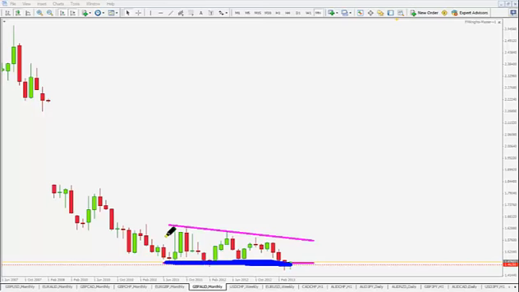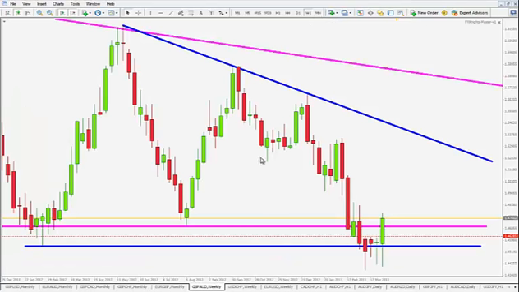Okay, so let's look into the weekly time frame of this sterling pound against the Australian dollar. We got a series of congestion around this level of support, and right now price has broken above. Okay, this is a good sign that we should begin to search for long opportunities to the upside.